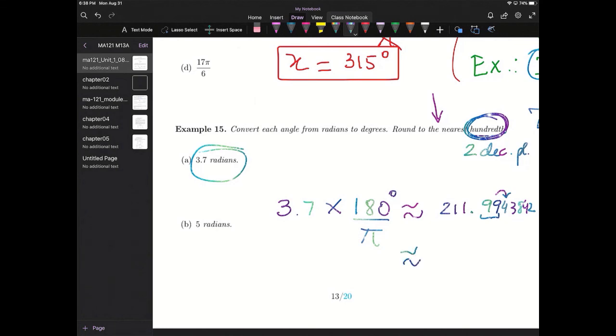So the approximation here is 211.99 degrees, right? Remember, this is in degrees. Okay, so basically you can do the conversion by using the factors, 180 degrees equivalent to pi radians. You can set up proportions. I understand small steps. Usually students don't have a problem with that. If you want to do the first way, just be sure you pick the right fraction.